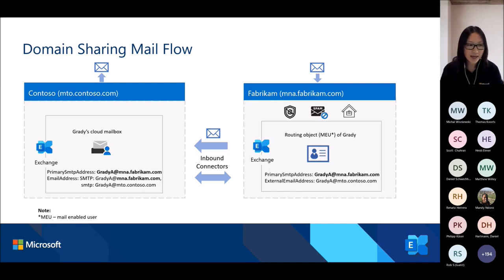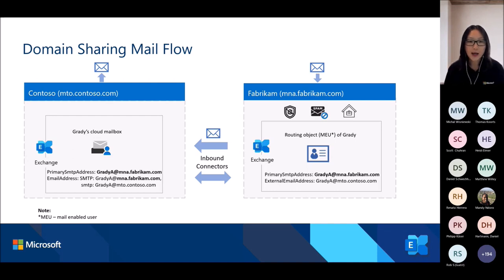It then finds the routing address information, in this case grady@mto.contoso.com, and forwards that mail to that email address. Here we use the term routing address to indicate the native address of Grady's mailbox.